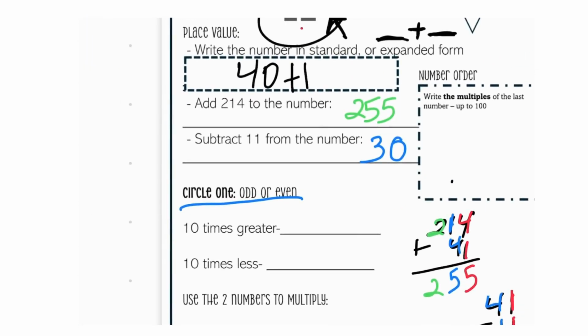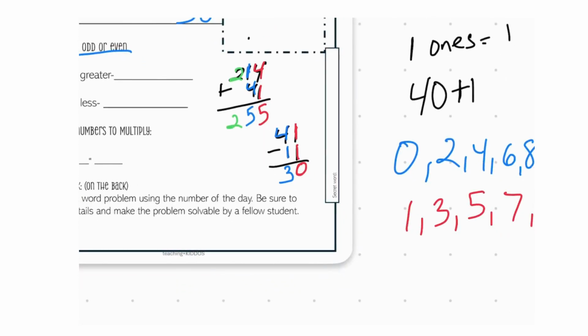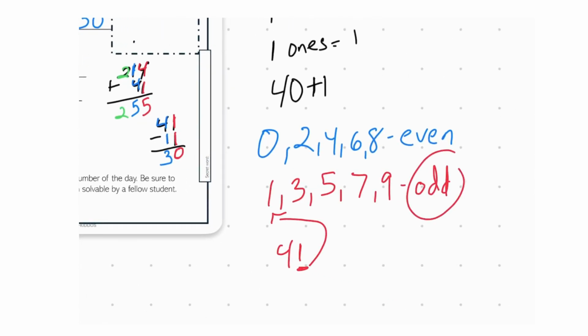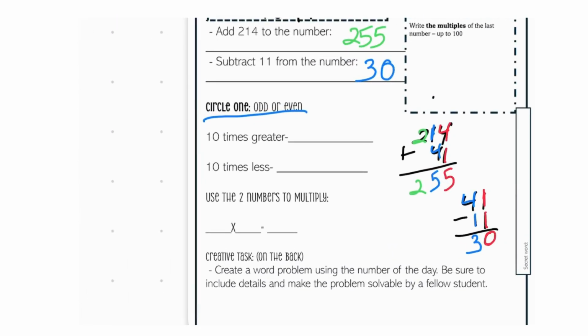So we have a 1 here. Even though it begins with a 4, it ends in a 1, meaning it's going to be an odd number. So come back over here. You can circle odd.